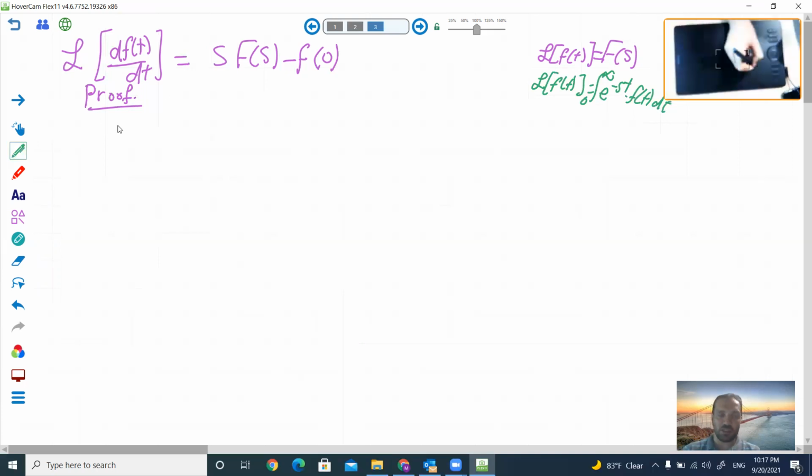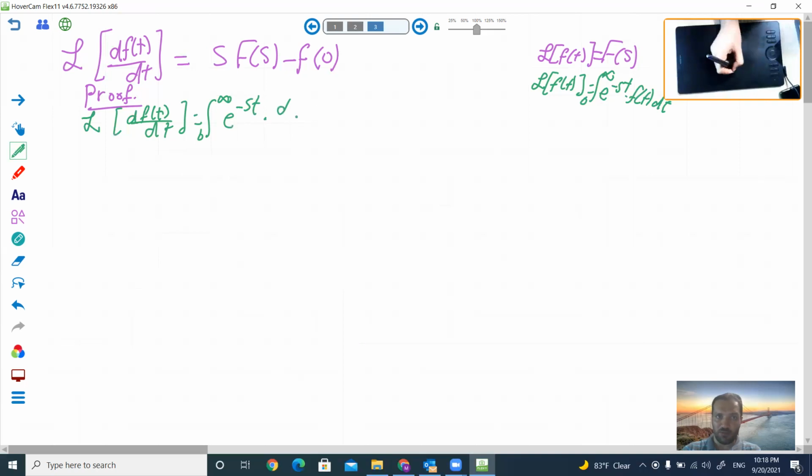So we will apply this definition to our case. The Laplace transform of df of t by dt will equal the integration from 0 to infinity of e to the power negative st times f of t. In our case, f of t is df by dt.